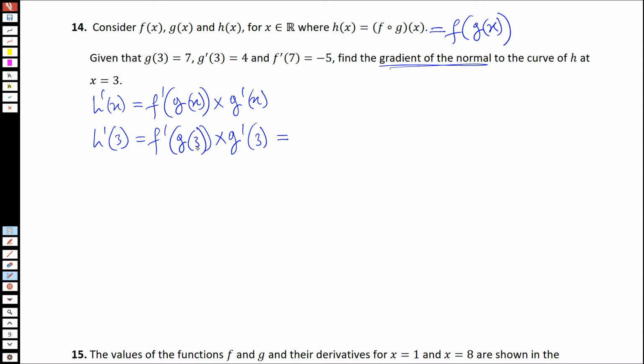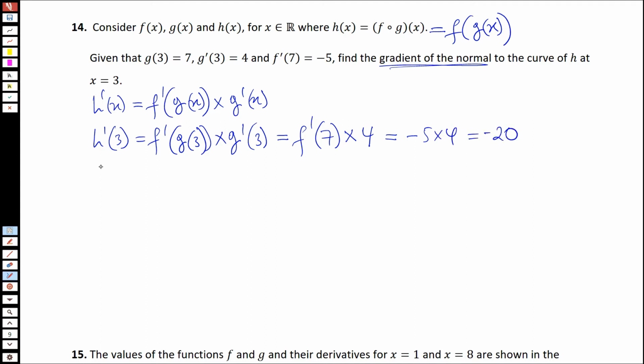It's given that the value of g at 3 is 7, so that will mean f dash 7 multiplied by the gradient of g at 3, which is 4, and the gradient of f at 7 is -5, so this will be -5 multiplied by 4, which is -20.